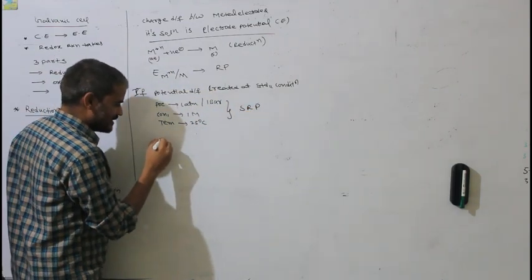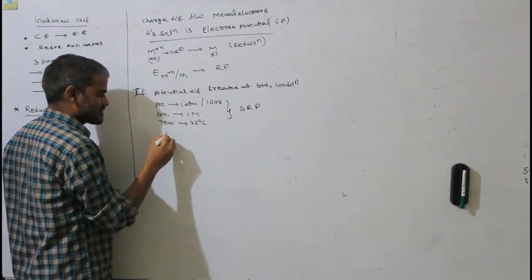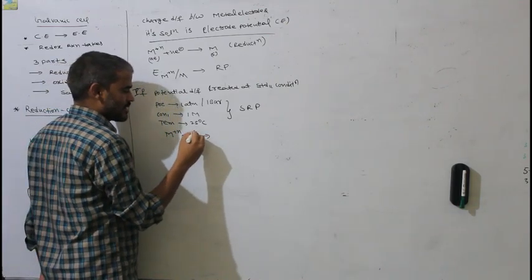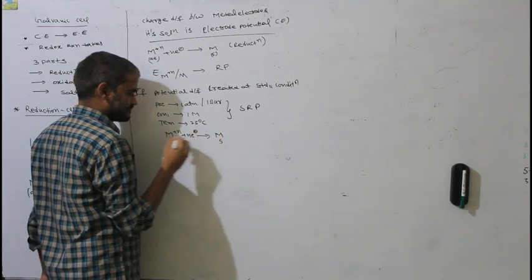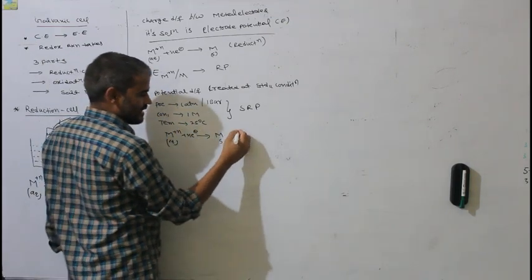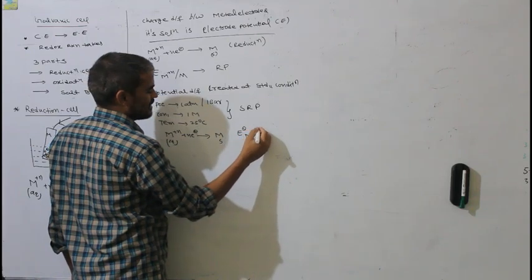That will be denoted with E naught. If the same reduction, M^n+ accepting an electron and becoming solid M, happens at this standard condition, it is called the standard reduction potential value, E naught of M^n+/M.